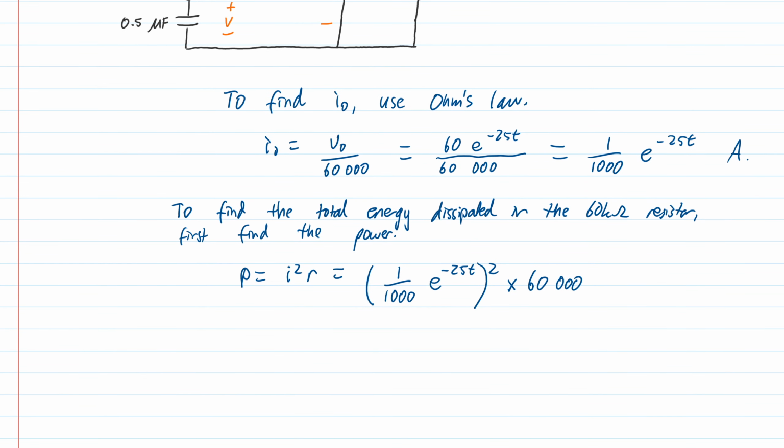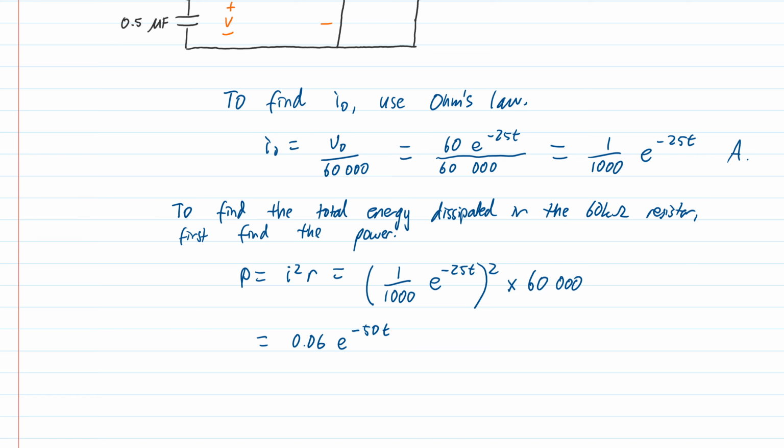And the answer for this, just bringing all of our numbers together, 1 divided by 1,000 squared times 60,000 is 0.06. And on the exponential, the squared is going to multiply the exponent, so that will give me negative 50t as the power.